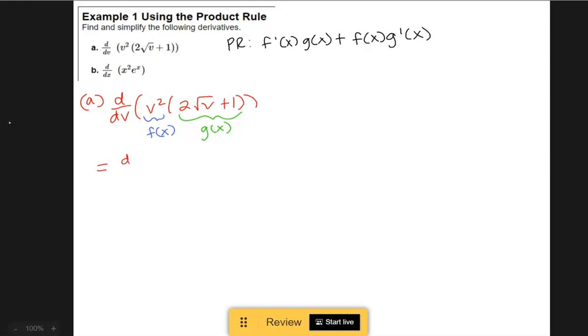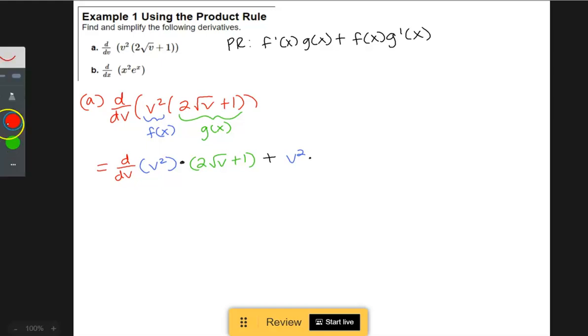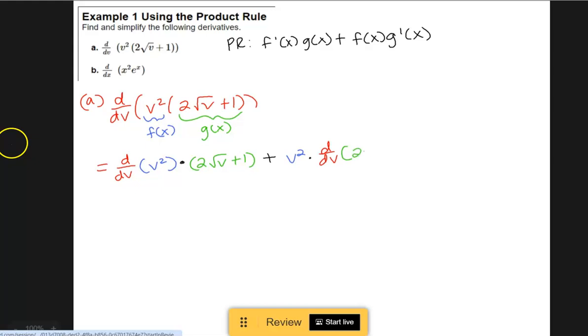So we're doing the derivative of f of x times g of x, so no change to that, plus f of x times the derivative of g of x.